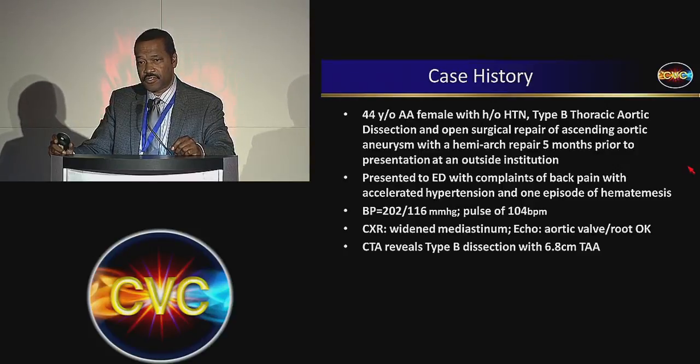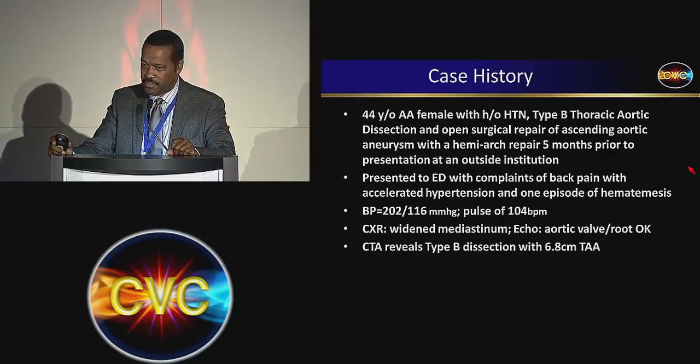And she subsequently underwent open surgical repair of the ascending aorta intramural hematoma with a hemiarch repair. Did reasonably well, was discharged from that hospitalization after approximately 2.5 weeks, and apparently got lost to follow-up.